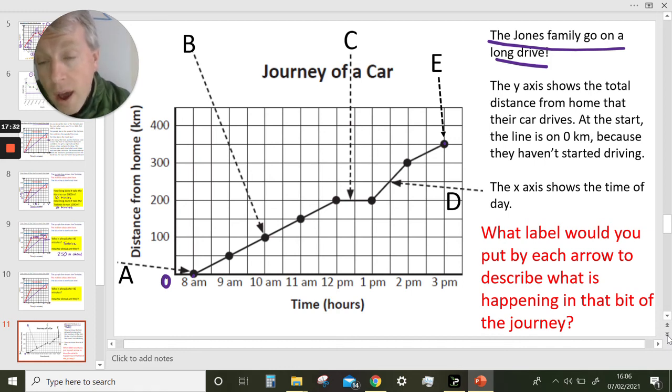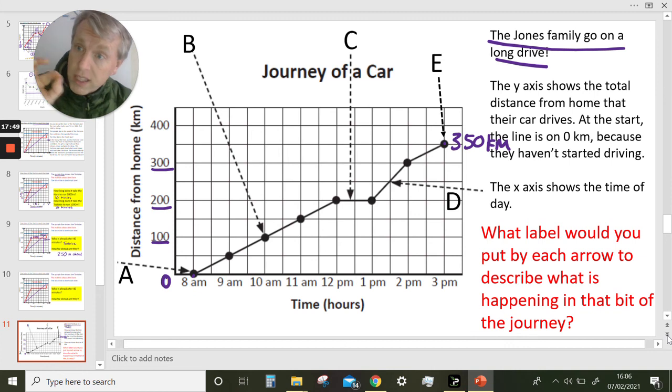The y-axis shows us distance from home, 100 kilometres, 200 kilometres, 300 kilometres. So altogether they drive 350 kilometres. So the line starts on 0 because they're setting off from home. It finishes on 350 kilometres when they arrive.